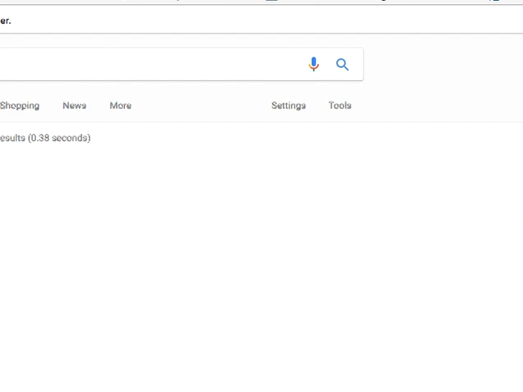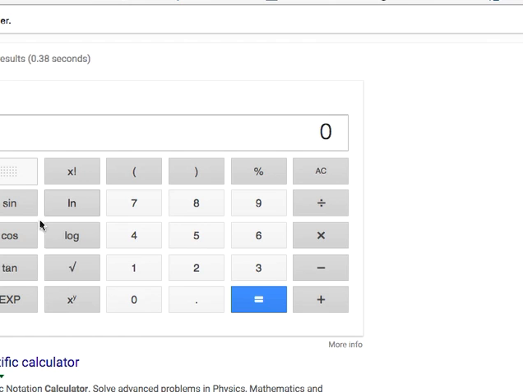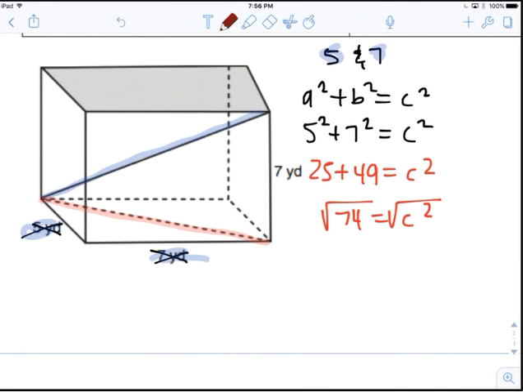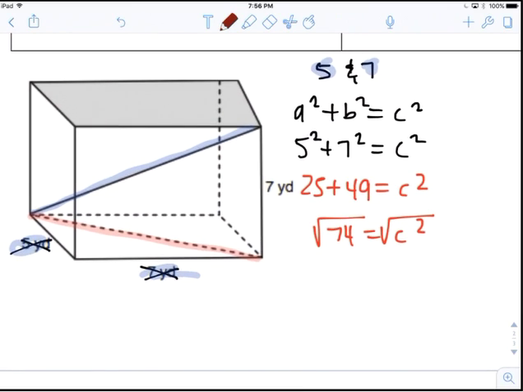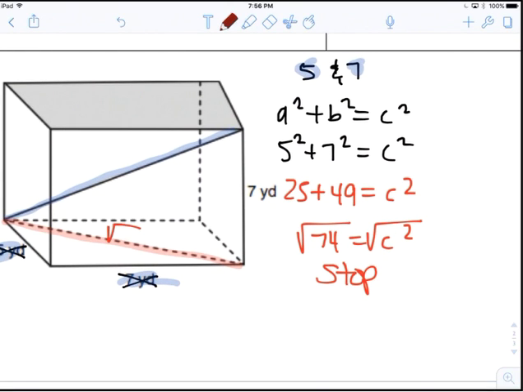The square root of 74 equals 8.6. Oh, no, we don't do this here. Sorry, we stop here. That was my mistake. You don't go further than that. You use that as the square root of 74 here.